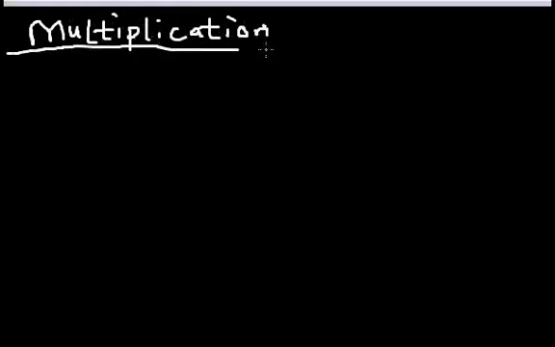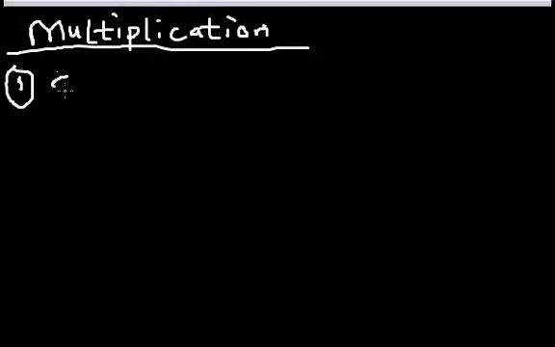Let's look at multiplication. Multiplication of matrices is much more difficult than the addition. In multiplication of matrices, I'm looking at two types of multiplication.